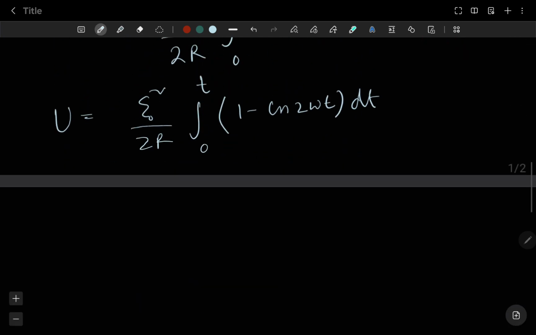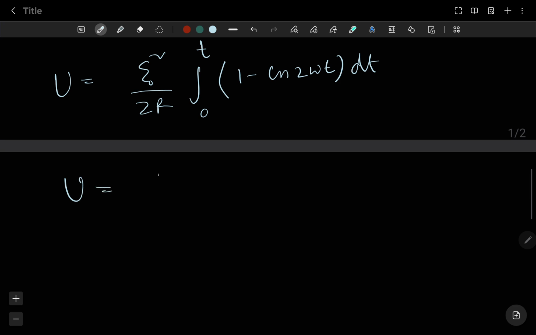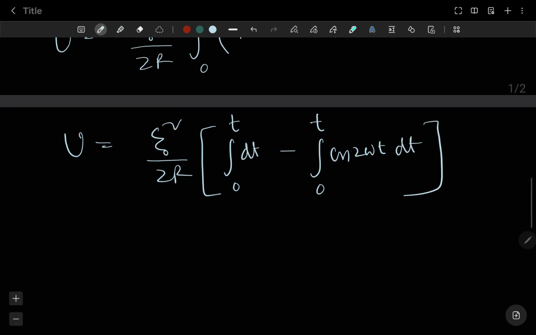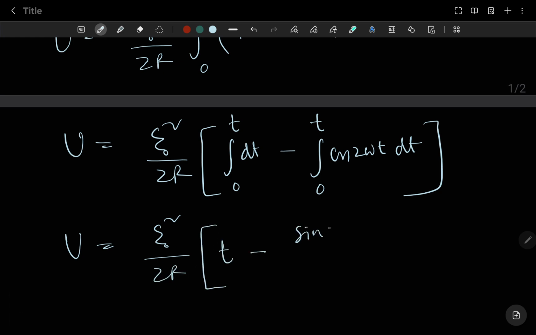So now see, epsilon 0 square by 2R, it will be integral 0 to t dt minus integral 0 to t cos 2 omega t dt. So 0 to t dt is t, minus sine 2 omega t by 2 omega from 0 to t.